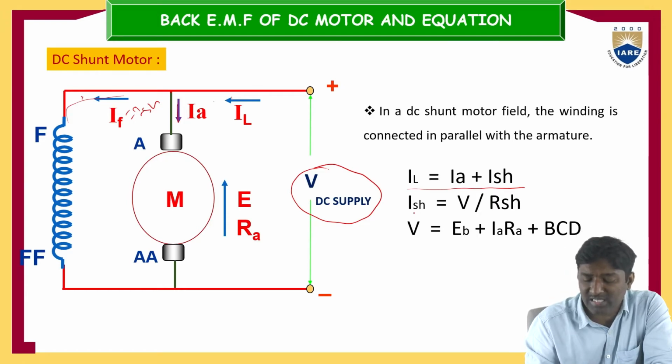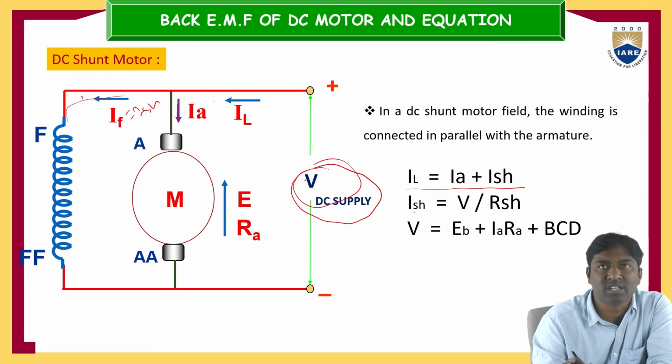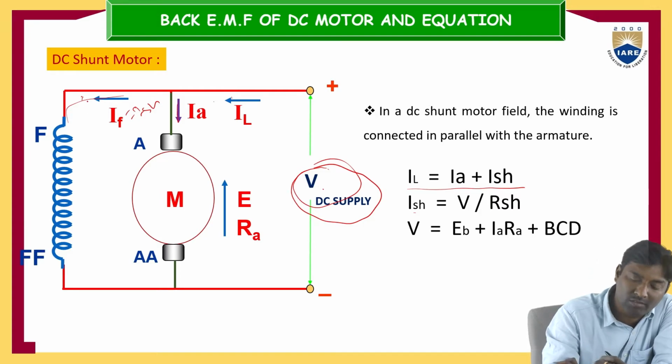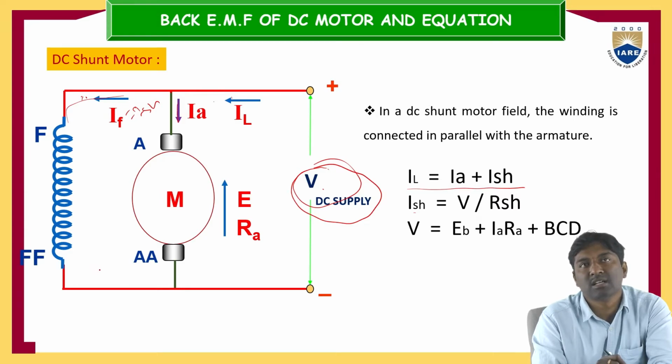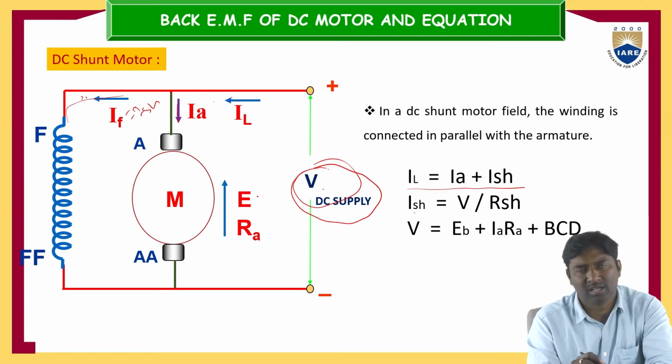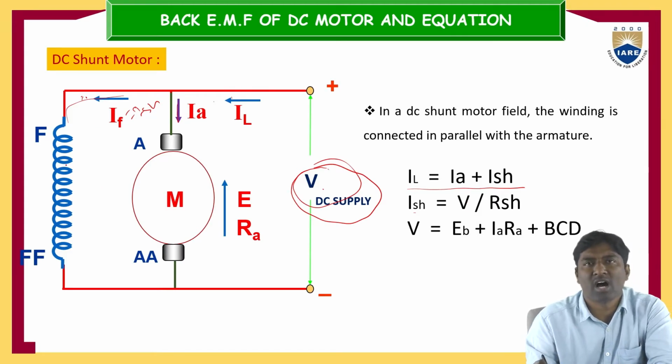Where ISH is equal to what? V by this, because the voltage here is V, the supply voltage. The same voltage V will be across the shunt field winding because both are connected in parallel. So ISH is equal to V by RSH.